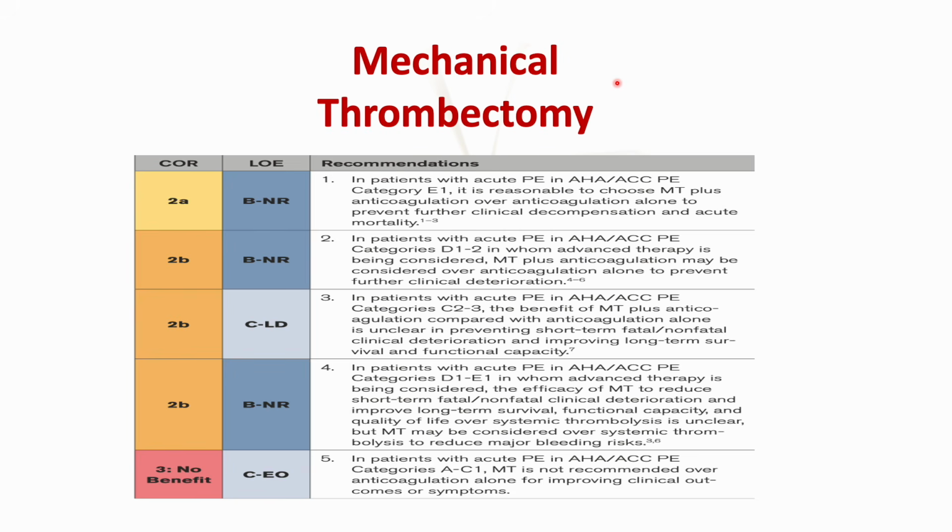So again, the evidence is not very rich, but yes, they did see a significant decline in average post procedure mean PA pressure compared to pre procedure, and in similarly designed studies like the EXTRACT-PE study, they've also seen significant reduction in the mean RV to LV ratio. They've seen a rate of major bleeding as low as 1%. And so this is one option which is available.